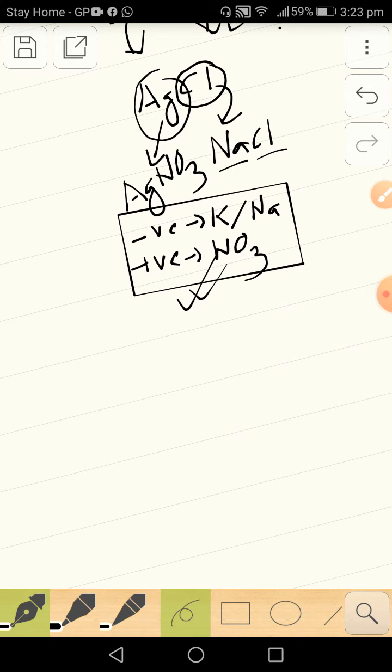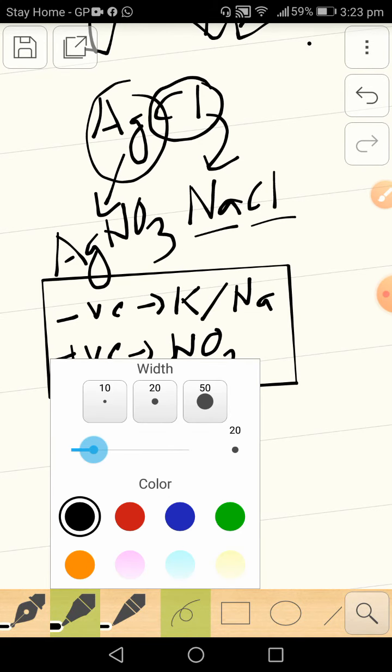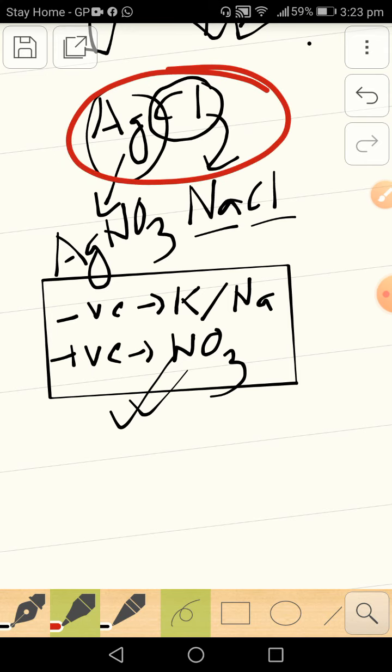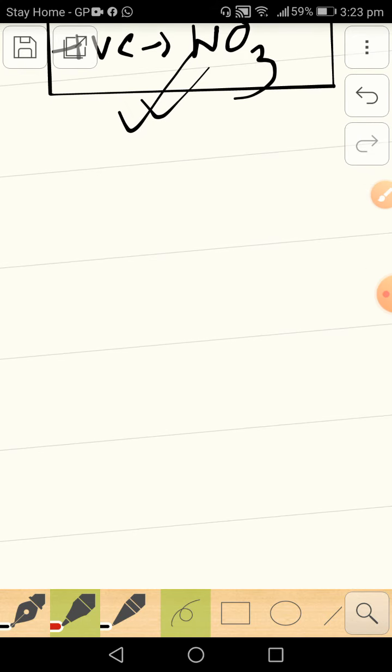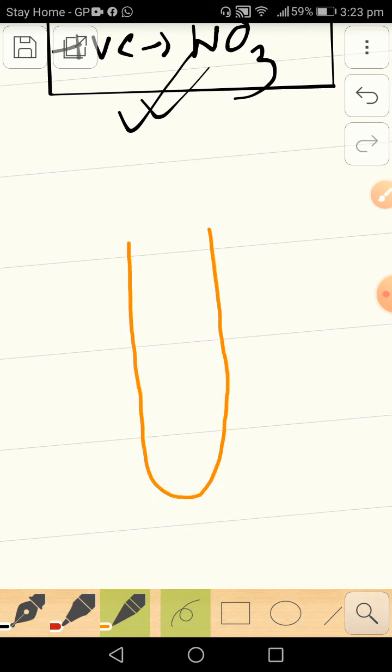Okay, so how to produce the insoluble salt? For example, you have to produce silver chloride. What we will do is take a container. Suppose this is the test tube, and inside the test tube we have taken a small amount of sodium chloride solution.